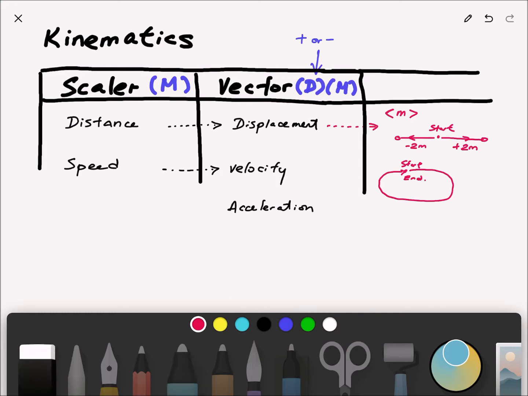So essentially, if you want to define displacement, you can define it by this expression.